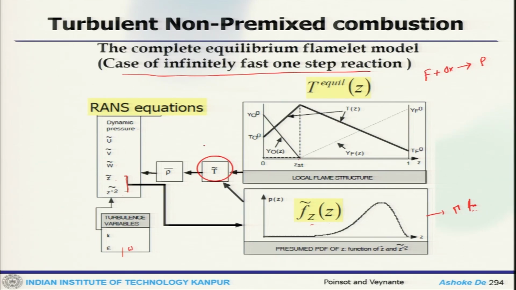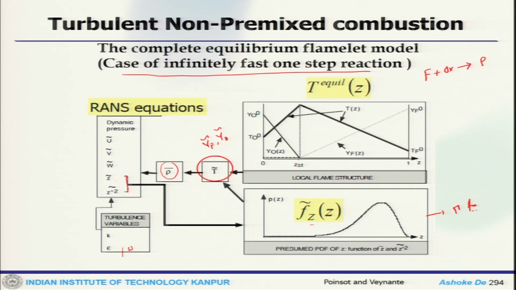Also, we can find YF and YO. Using this, we estimate the mean density. Now, this mean density carries the effect of temperature due to the reacting system, and that is fed to the Eulerian framework. Again the Eulerian system is solved, and at the next instant of time, depending on these values, we do the same thing. So, this goes in a loop.